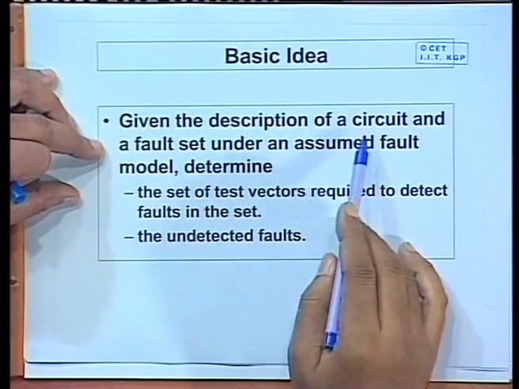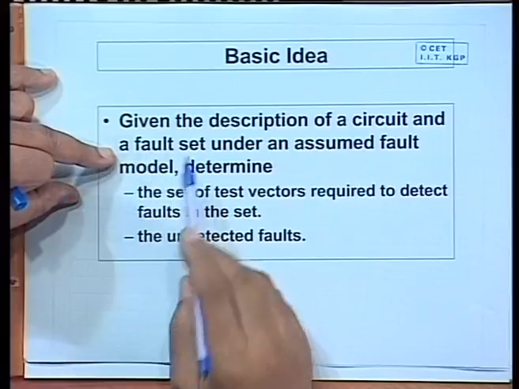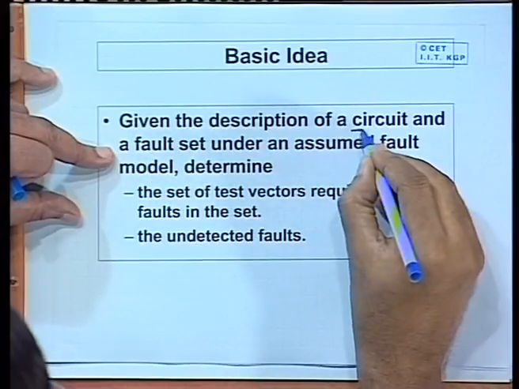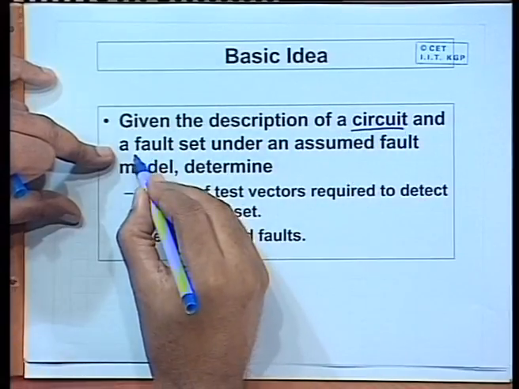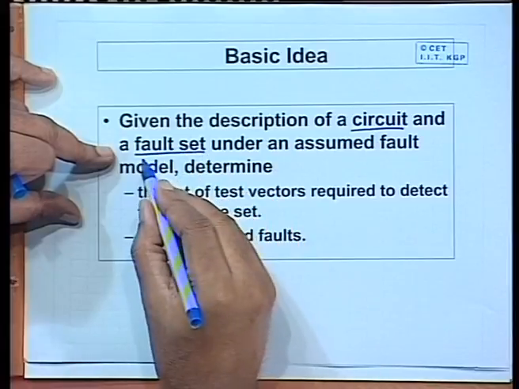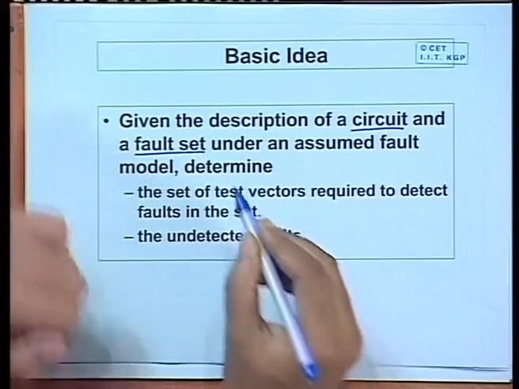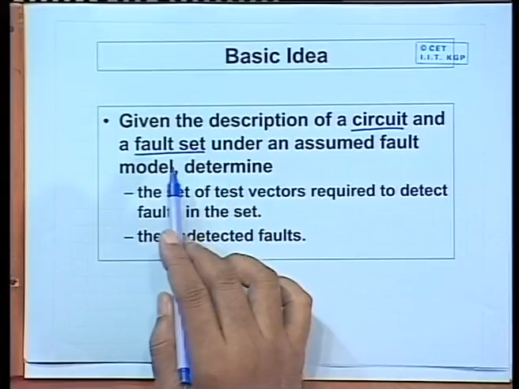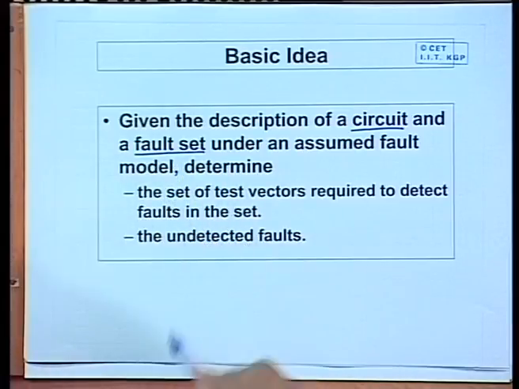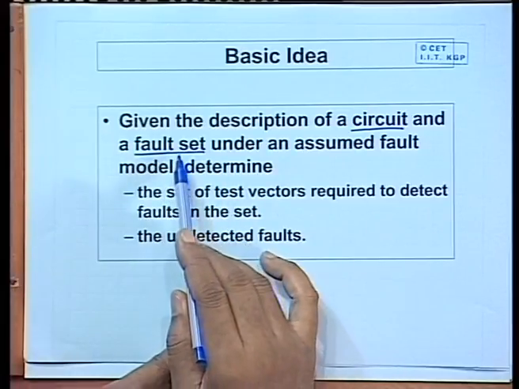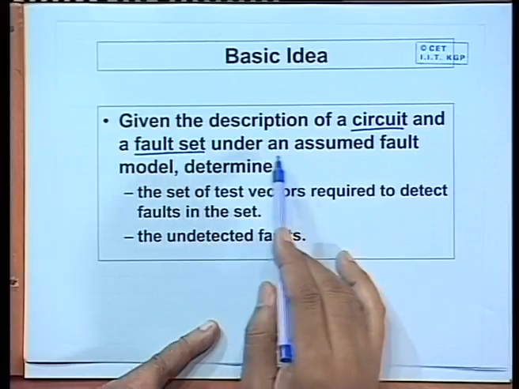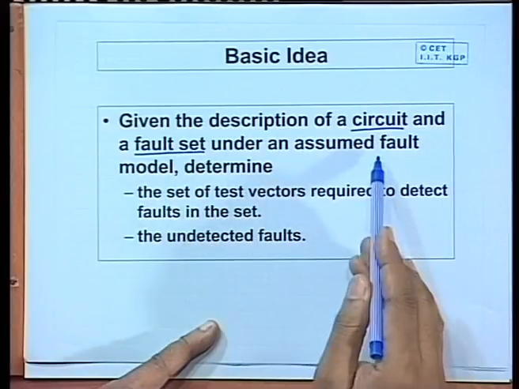given a circuit, a netlist and a fault list. So, you have a circuit with you, you have a fault set. This fault set can be a collapsed fault set. After fault equivalence and dominance collapsing, you get a reduced fault set. Of course, this fault set has been obtained under an assumed fault model, typically the stuck-at fault model.